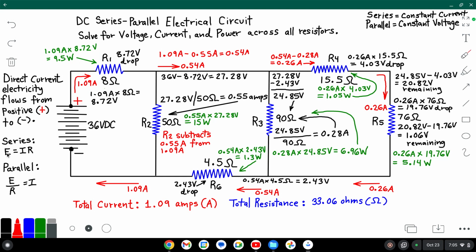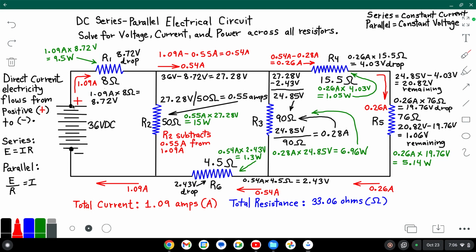E, DC voltage, is equal to I, DC current in amperes, times resistance in ohms. That being said, this circuit is measured as having a total current of 1.09 amps.